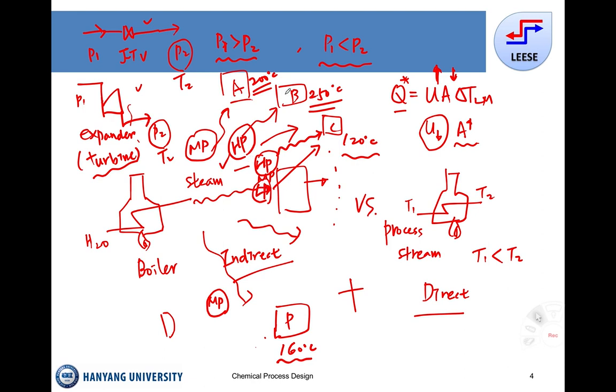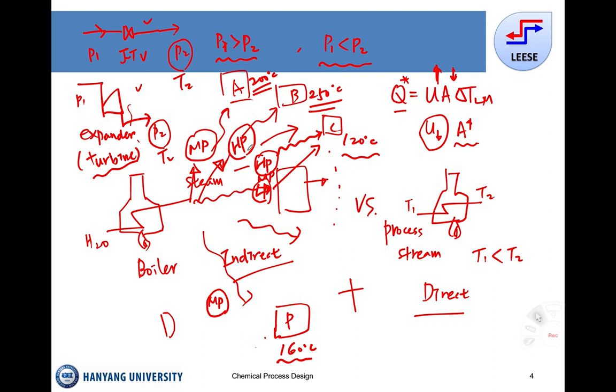So based on temperature for the users at the different places, we can supply steam at different pressures, okay?